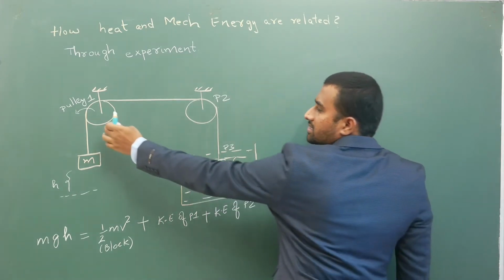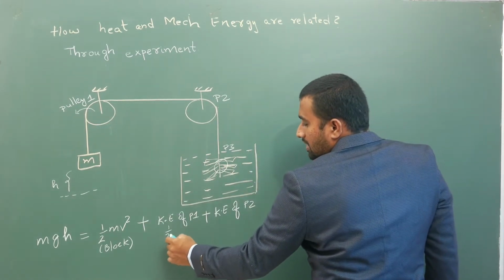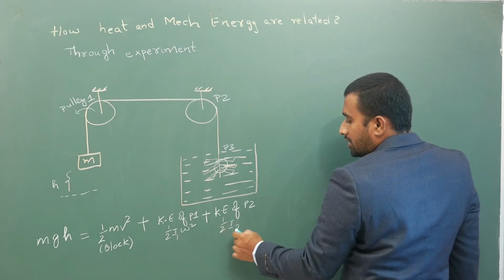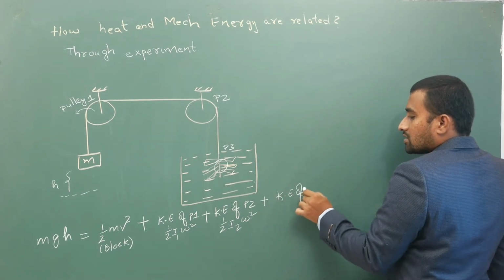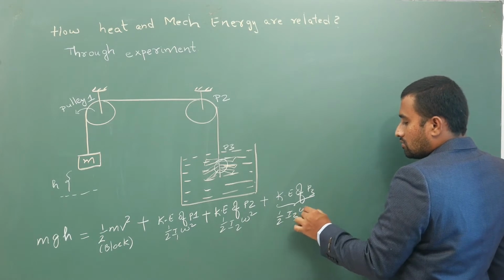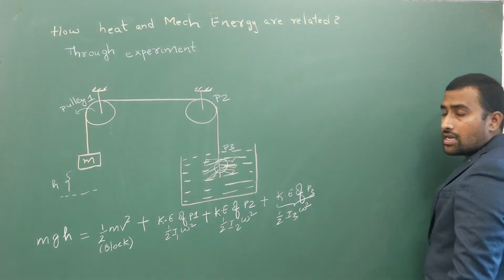This kinetic energy is because of rotation, that is half I omega square. So this is half I2 omega square, plus the kinetic energy of this pulley P3, that is half into I3 into omega square.